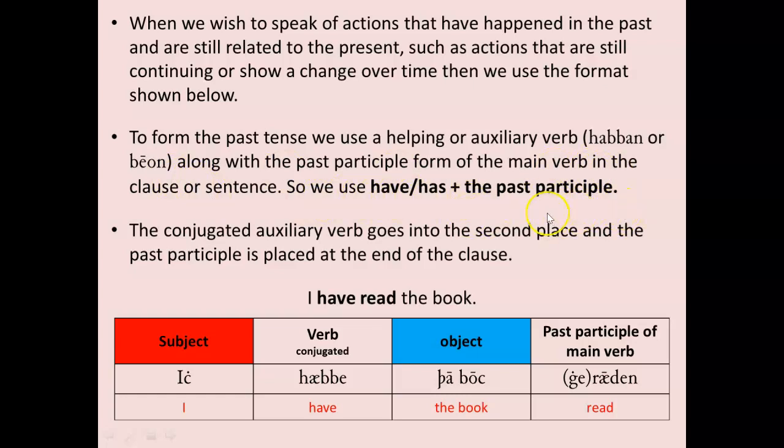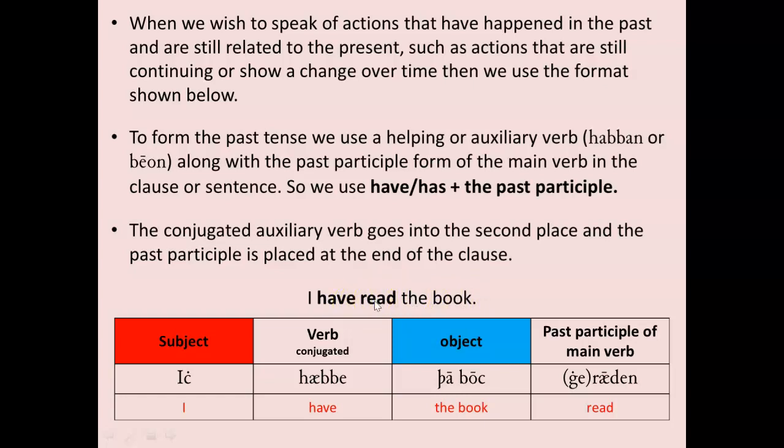We do that in modern English too, where the past participle comes immediately after the helping verb, as in, I have read the book. The past participle of read is read. So in modern English today, we have the verb in second place and then the past participle next to it: I have read the book. You could say in modern English, I have the book read.